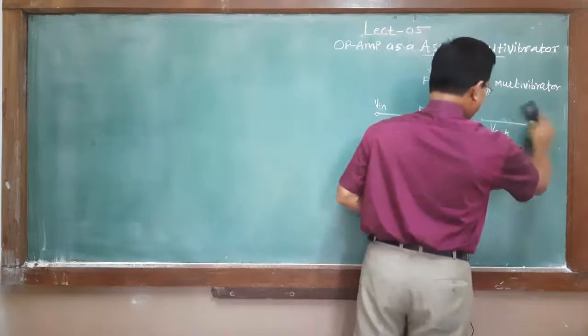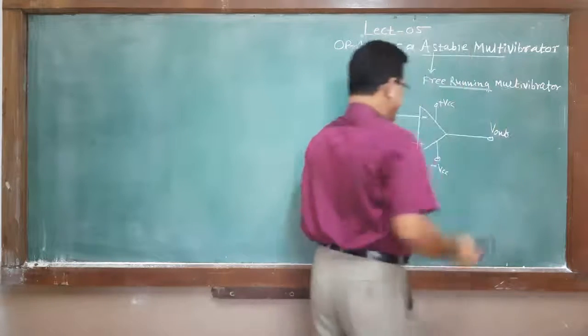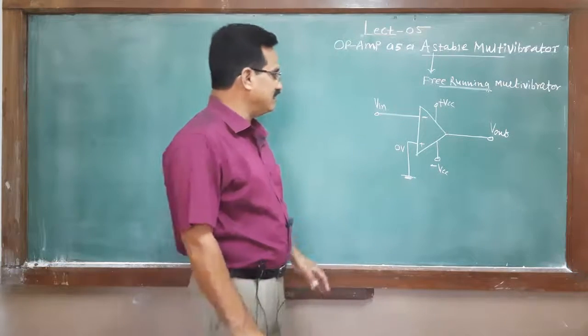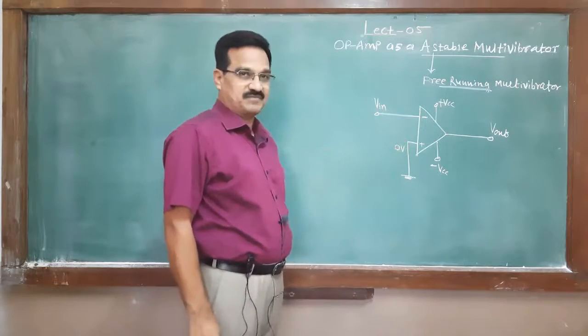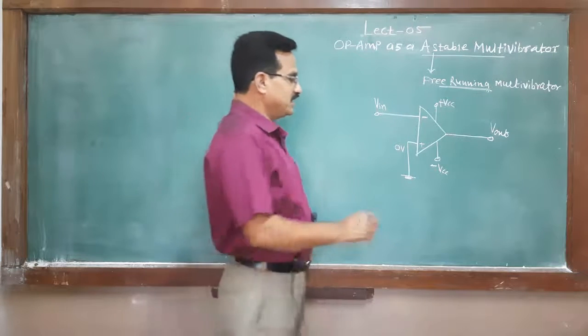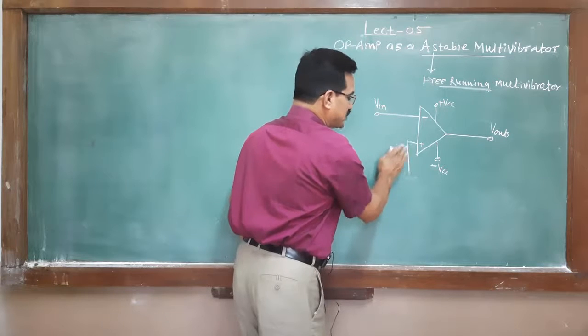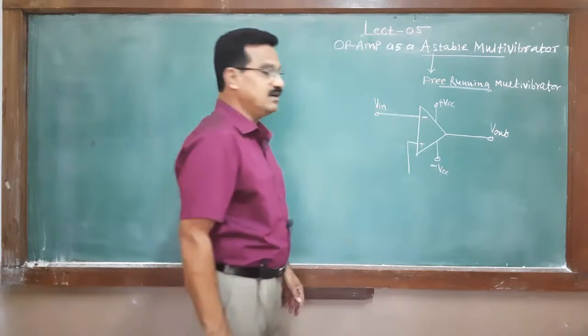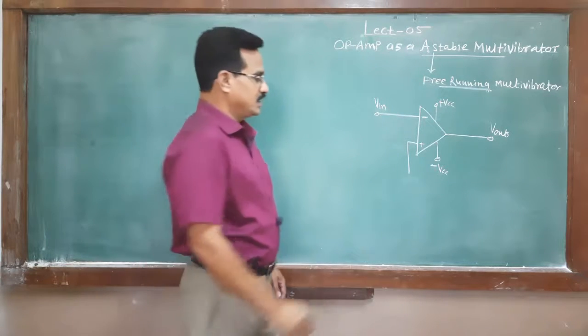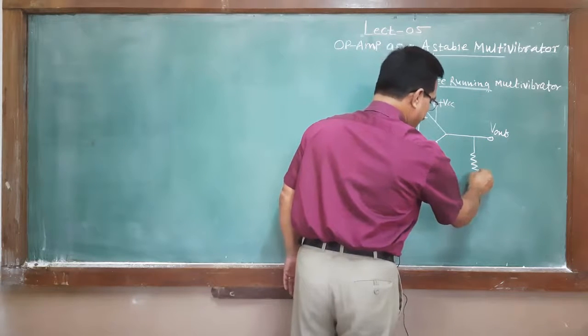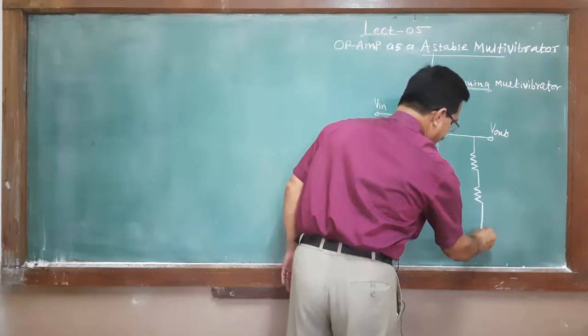You remember that before explaining the astable multivibrator, we consider the Schmitt trigger. In the Schmitt trigger, positive feedback is used, and positive feedback is provided by a voltage divider arrangement.